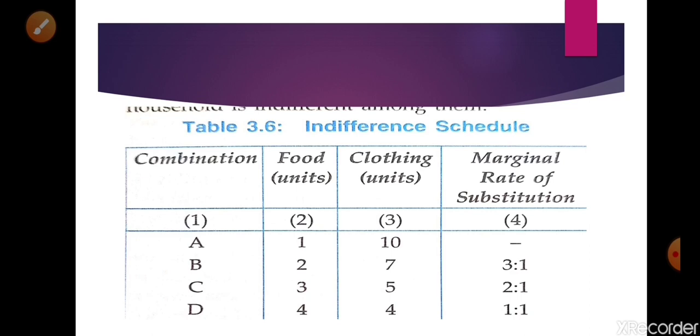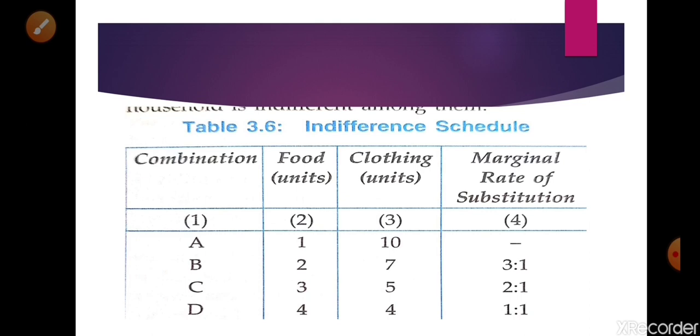MRS is the rate at which the consumer is willing to substitute good Y for good X, that is, whatever quantity of commodity Y he has to sacrifice. That is known as MRS. Why are we discussing MRS?